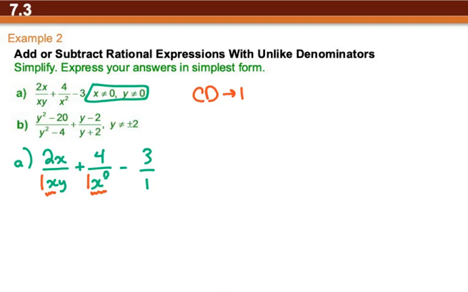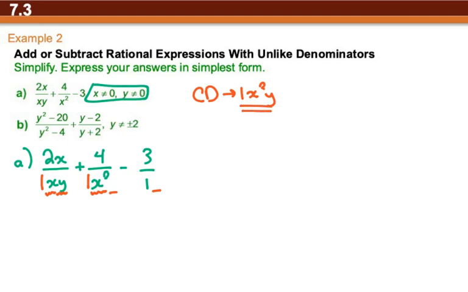Highest exponent is x squared, so we would need x squared. Looking at the y's, we have a y here, no y here, and no y here. We do still need to add a y into the common denominator. Even though it doesn't appear in all of them, we do need to account for it because it appears in at least one. So a common denominator is x squared y.